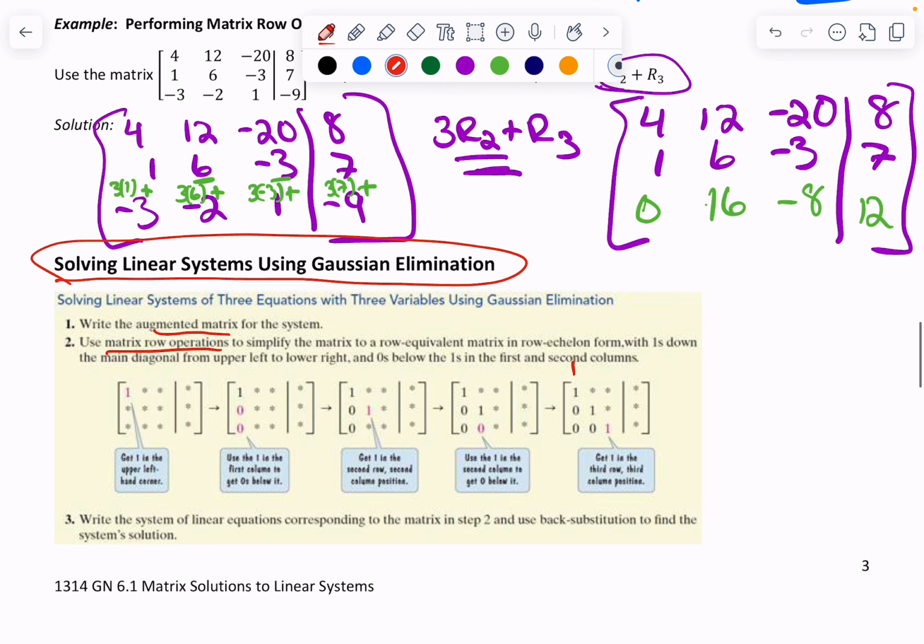So this is our goal. Then we're going to write the system of linear equations corresponding to the matrix in step 2 and use back substitution to find the system's solution.